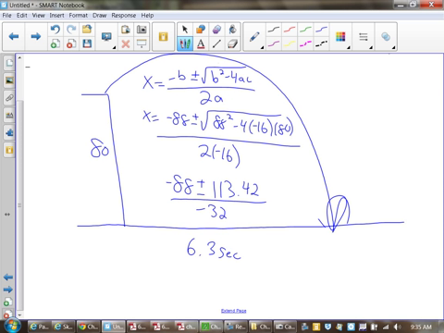Remember, think about what it's asking you to find: an amount of time, a positive value. If I wind up with negative 88 minus 113, I will still have a negative value in my numerator, and I have to divide that by the negative value to get my positive amount of time. Quadratic formula works real clean, real fast with this style of problem.